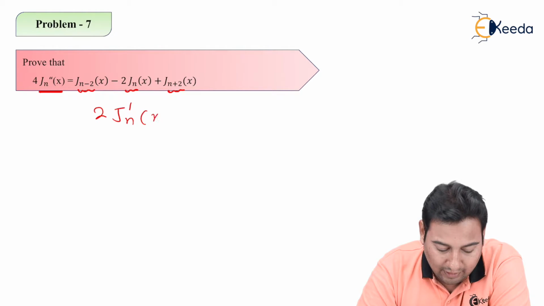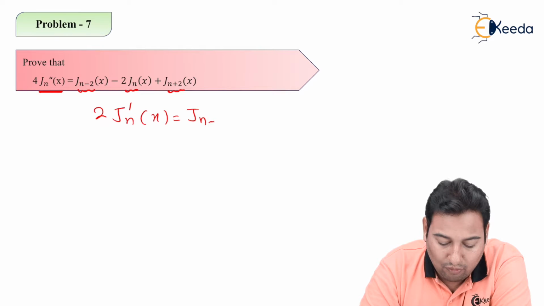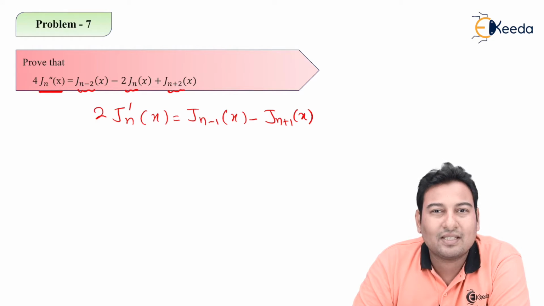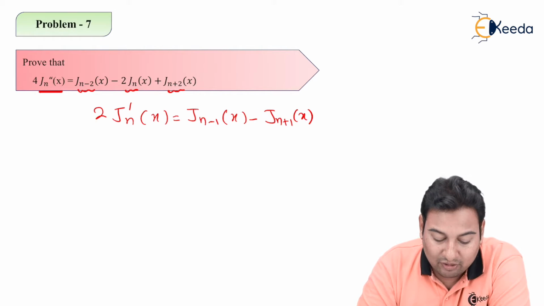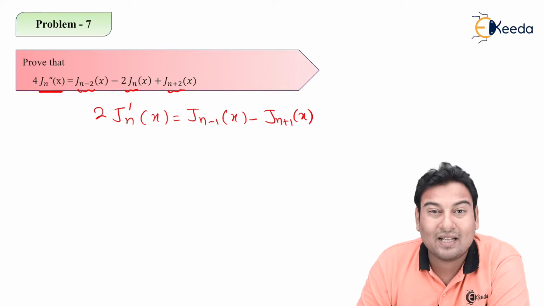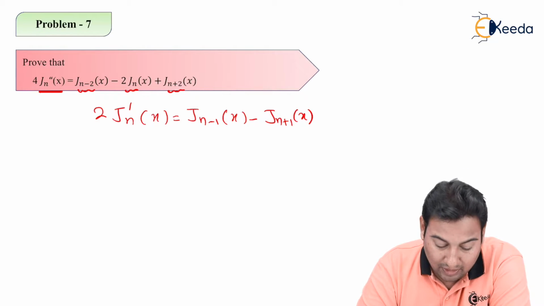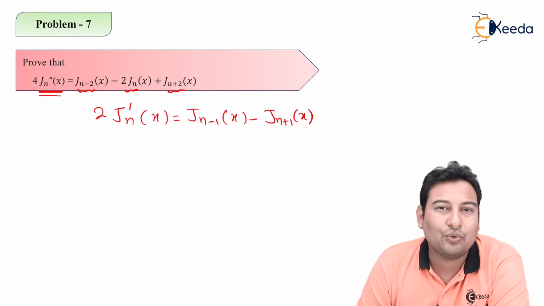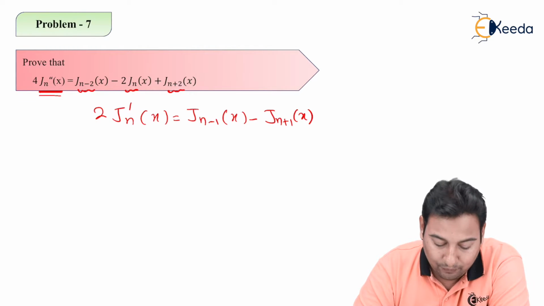2J dash nx is equal to J of n minus 1 x minus J of n plus 1 x. This is formula number 7 that will be required because we want to express the derivative in terms of past and future. So friends, in the given problem, it is a double derivative. So what you need to do is take the derivative again.